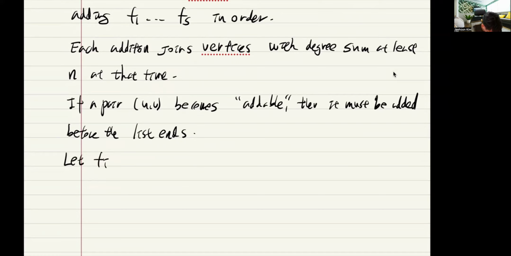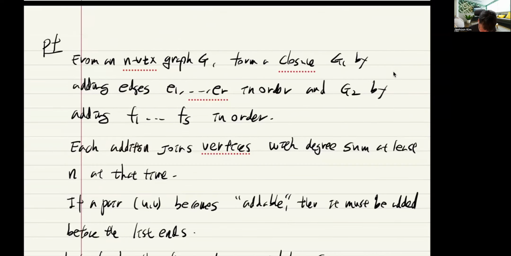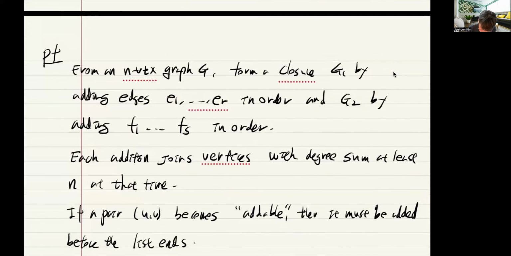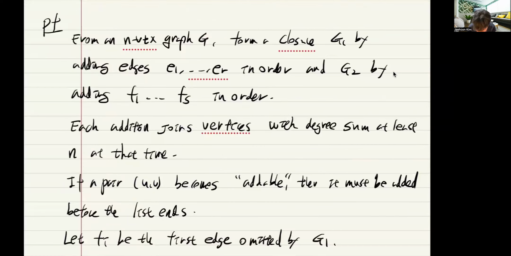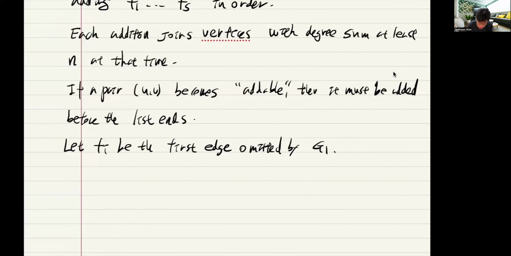So let Fi be the first edge which is omitted by G1. So G1 and G2 are different, and by symmetry, one of them contains an edge that the other doesn't.